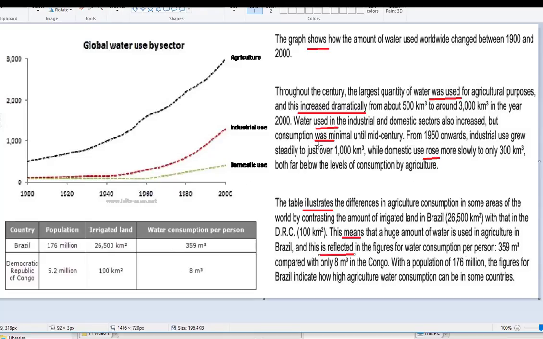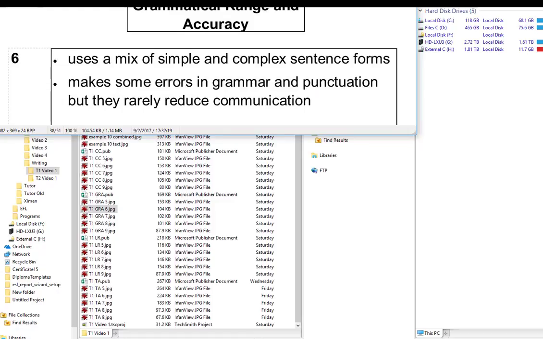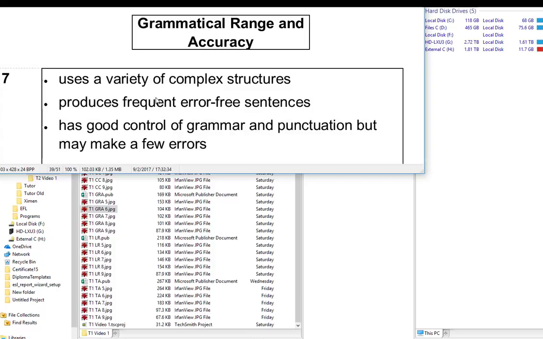Here the past tense was used because we have these dates here. Here there's no date, so we're going to be using the present tense to talk about the numbers. So for grammar, 6 is probably not just justified. Uses a variety of complex structures. I would have liked to see not just the present and past tense used, but because there are so few errors, probably a 7 for grammar as well.